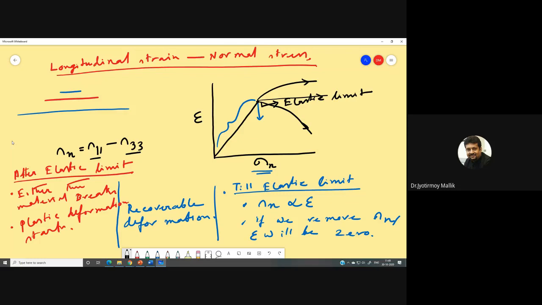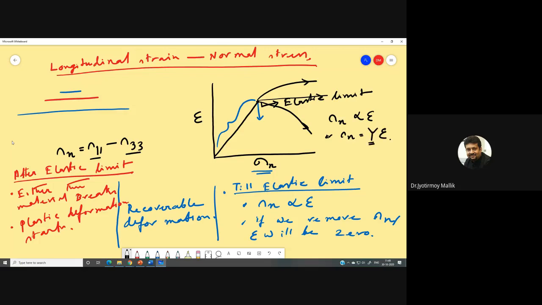Now this particular relationship, sigma n is directly proportional to epsilon, I can equate as sigma n equals Y epsilon.